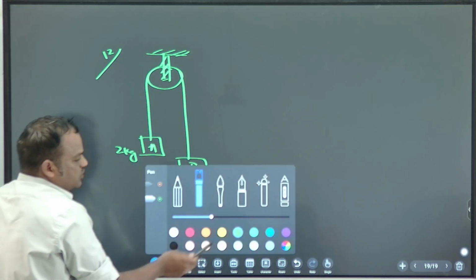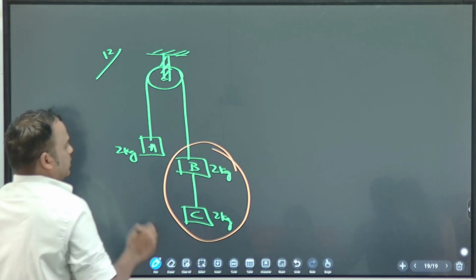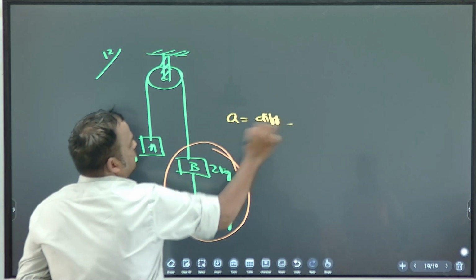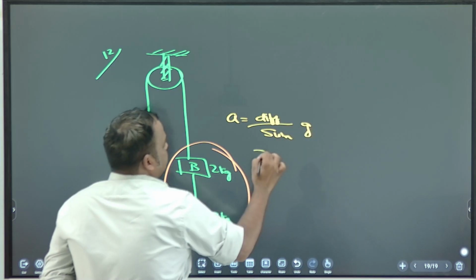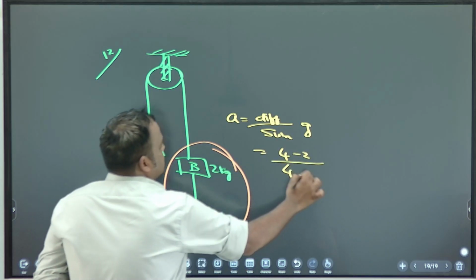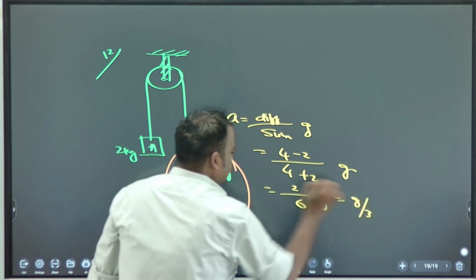What is the total mass on the right side? Total mass on the right side is 4 and on the left side 2. So acceleration means difference by sum into g. 4 minus 2 and sum 4 plus 2 into g. So 2 by 6 into g.